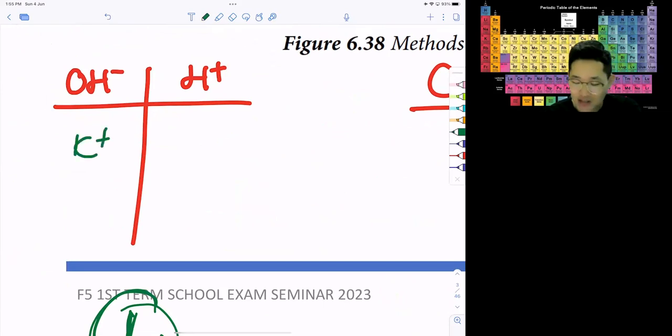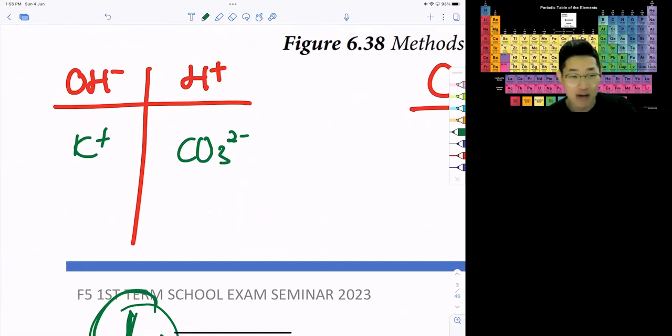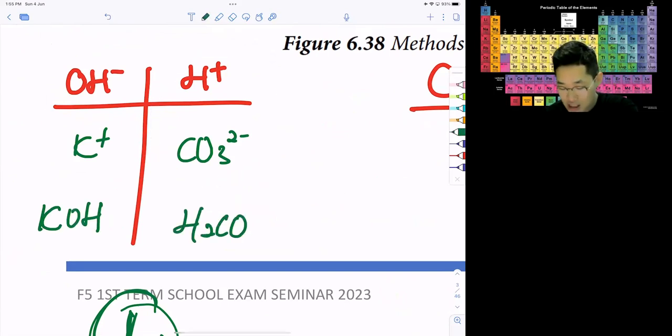Okay. What if they want me to make this salt? What is the alkali and acid that I will be using? KOH, potassium hydroxide. And then here, do I really do this? The answer is yes. What is H2CO3? H2CO3 is actually carbonic acid.